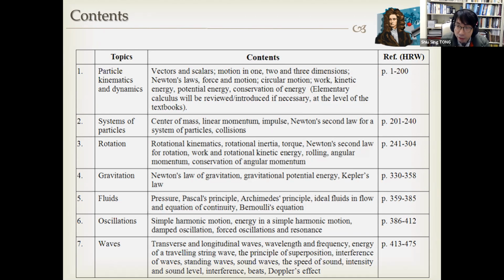And then we have standing waves, which are not propagating waves but statically vibrating waves. And we also have sound waves. We discuss the application of the wave equation to sound waves, and we calculate the speed of sound, and the intensity and sound level, interference of sound, beats, and also the Doppler effect. Okay, so that is the content of the course.